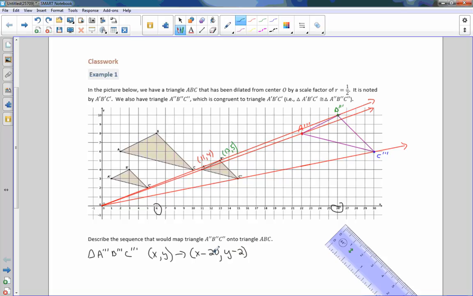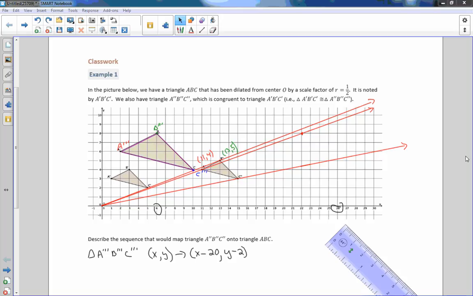So I'm moving my x left 20 and my y down 2. So if I do that translation, if I grab this here and I move and I count 1, 2, 3, 4, 5, up to 20, and down 1, 2, I am right on top of my pre-image, and it is congruent.